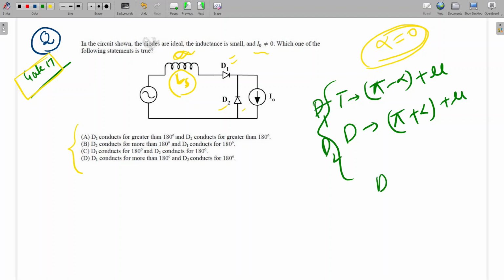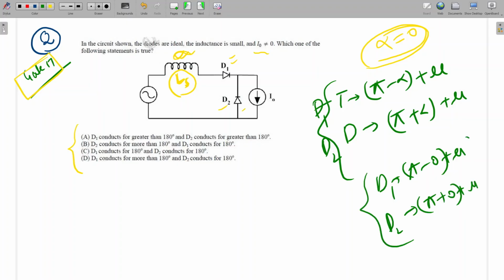D1 will conduct for pi minus 0 plus mu, and D2 will conduct for pi plus 0 plus mu. So what will be the angle? This will be pi plus mu and this one also pi plus mu. So we will see both are greater than 180.